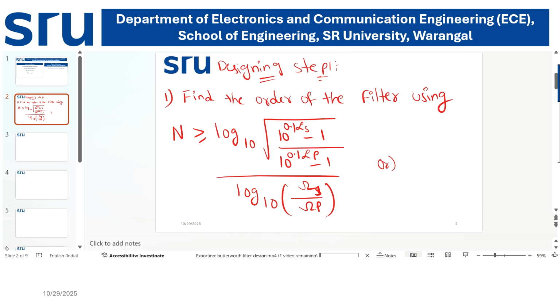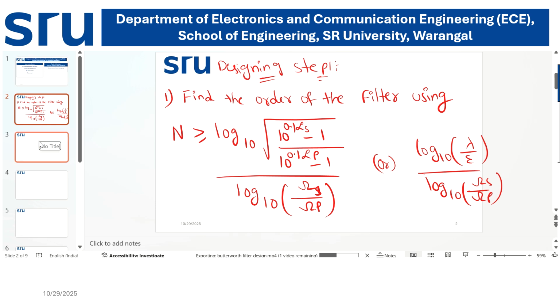Or we can use log base 10 of lambda by epsilon divided by log base 10 of omega s by omega p. Here lambda is equal to the square root of 10^(0.1 alpha s) minus 1, and epsilon is equal to the square root of 10^(0.1 alpha p) minus 1.